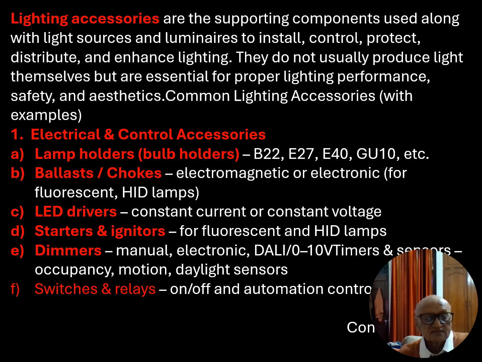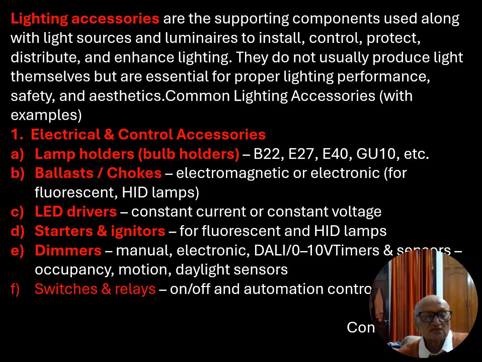Starters and igniters. The fluorescent and HID lamps will define them. What is HID? Dimmers are manual, electronic, DALI 1 and 2, timers and sensors, occupancy sensors, motion and daylight sensors.